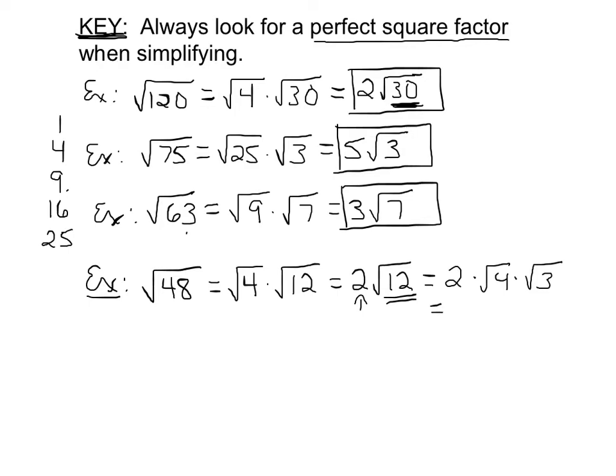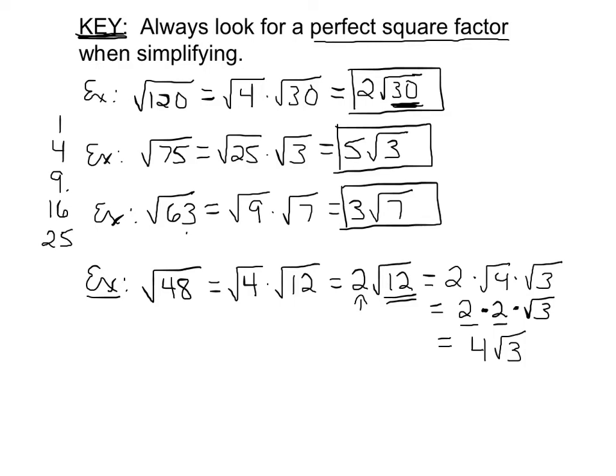And I can rewrite this as 2 times 2 times the square root of 3. Now I'm leaving the multiplication symbols in here for you to clearly see that this is all multiplication. Since these are both outside of the radical, I can now multiply them together, and this would become 4 times the square root of 3.